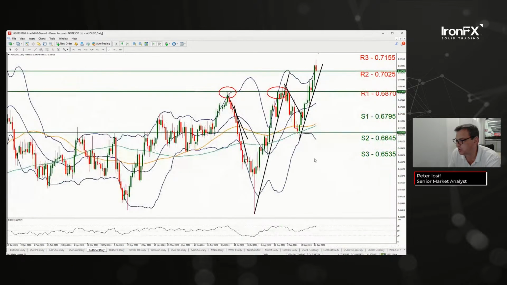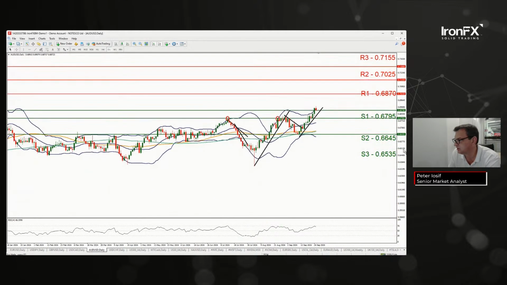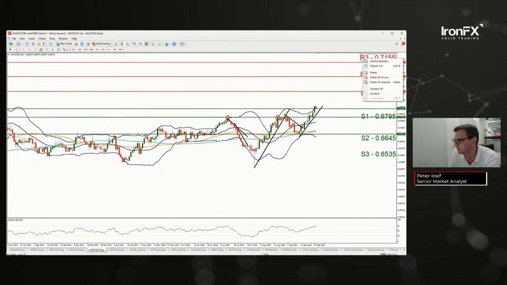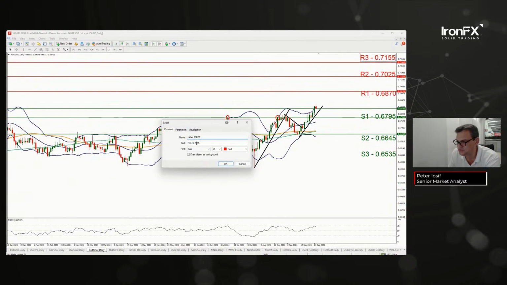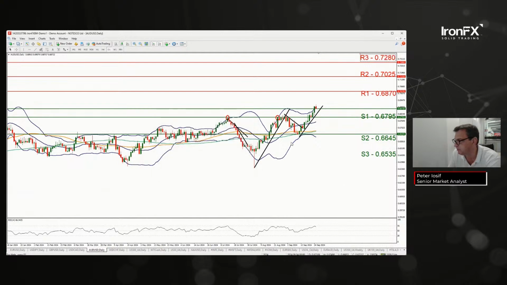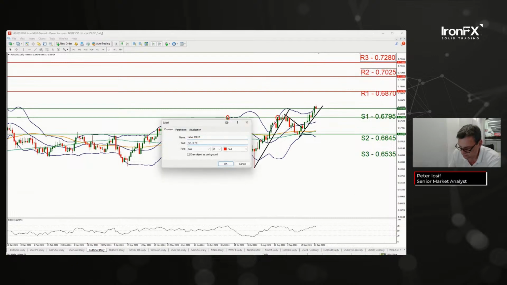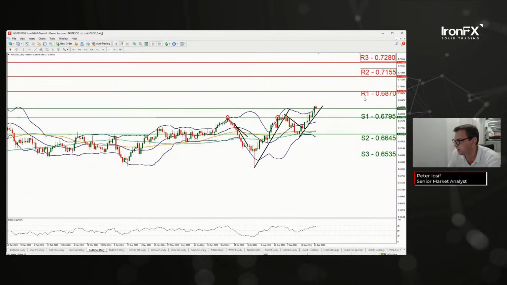We're adjusting the chart. And let's correct the labels. The R3 to be set at 0.7280 as mentioned before. The R2, sorry, at 0.7155. The R1 at 0.7025.